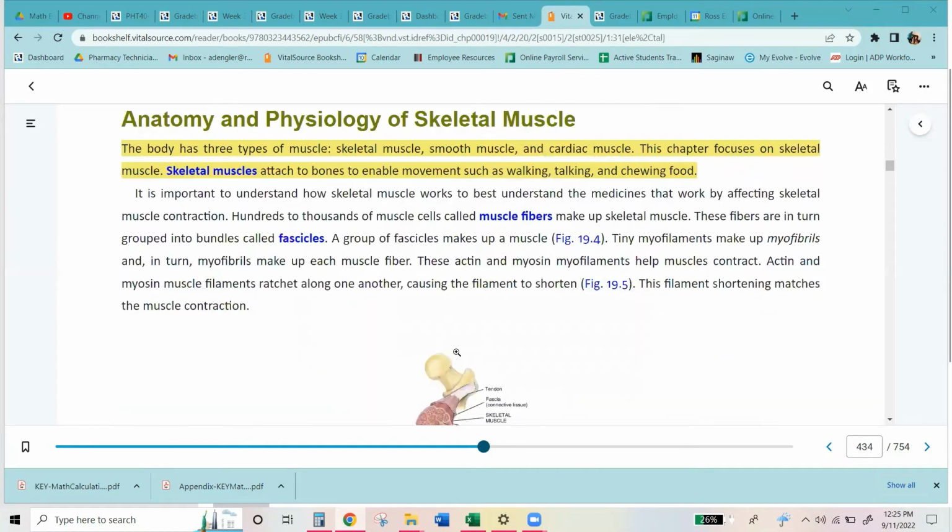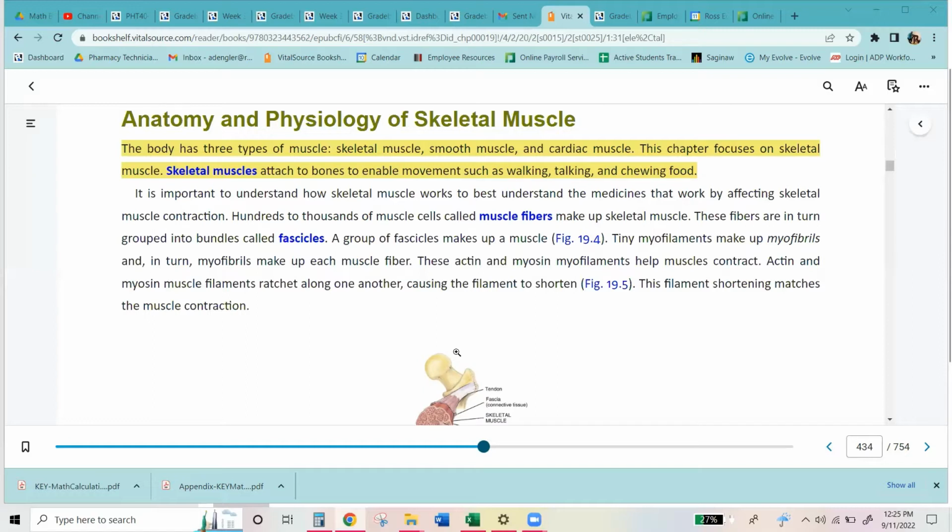The body has three types of muscle: skeletal, smooth, and cardiac. This chapter focuses on skeletal muscle, which attaches to bones to enable movement, such as walking, talking, and chewing food. It's also important to understand how these muscles work so we can understand medications that work by affecting muscle contractions. Hundreds to thousands of cells called muscle fibers make up skeletal muscle.